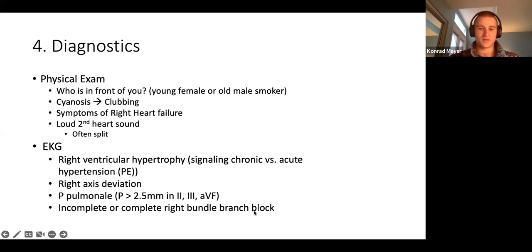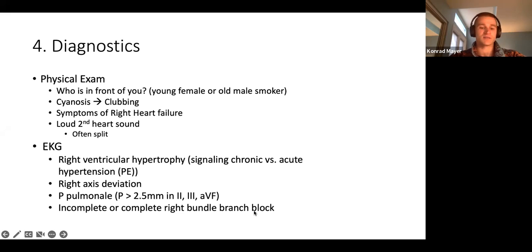Let me move on with the diagnostics of pulmonary hypertension. As I mentioned, the idiopathic pulmonary hypertensive patient looks very different from the pulmonary hypertensive patient who has an underlying lung disease.